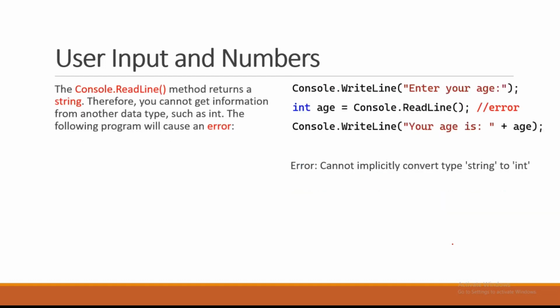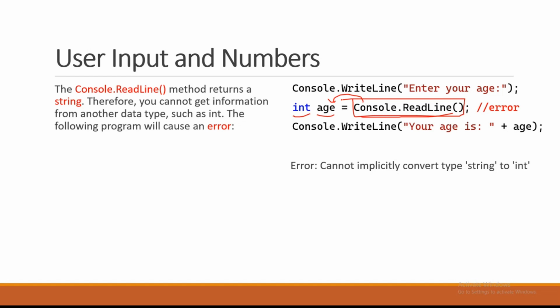Okay. And yes, here when we use Console.ReadLine, it is for gathering information from the user in a console application. If we use int and then age, and try to assign this value to this variable, we are going to get an error, because when the user enters a value from the console application, it will be a string automatically.